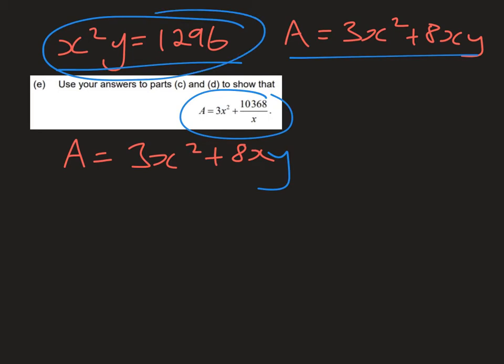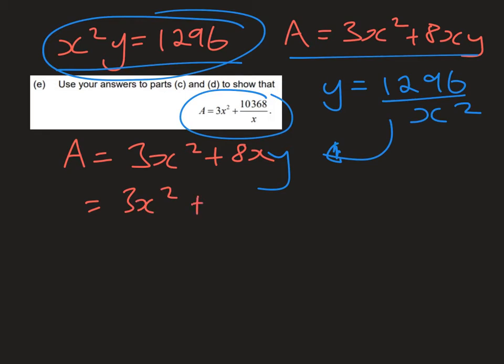So we can rearrange this expression by saying that y is equal to 1,296 divided by x squared, and then we can actually substitute that in here. So we can rewrite this as 3x squared plus 8x multiplied by 1,296 over x squared.